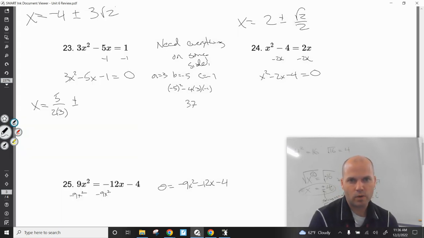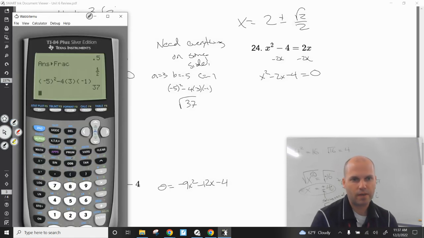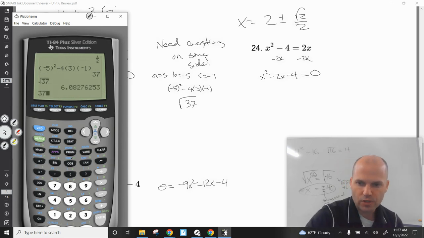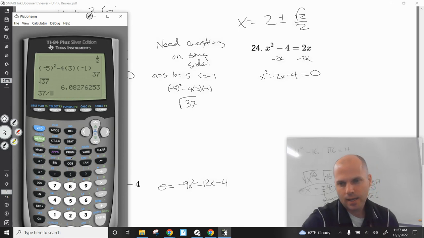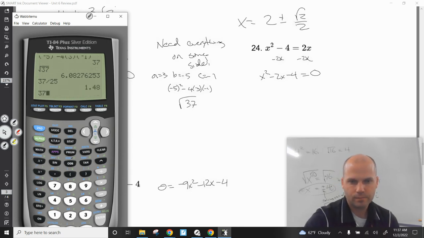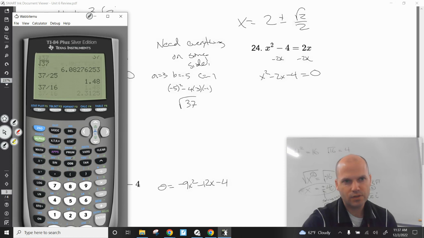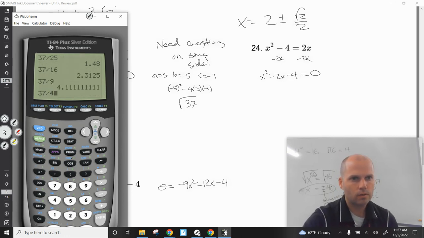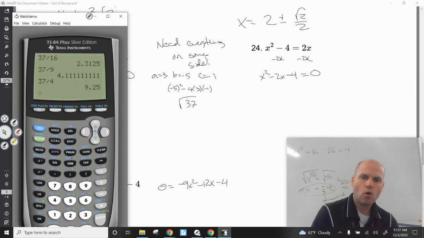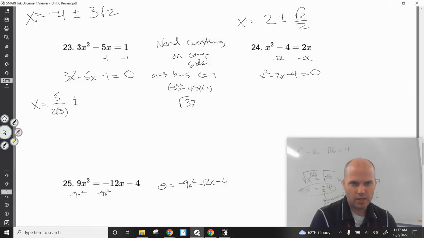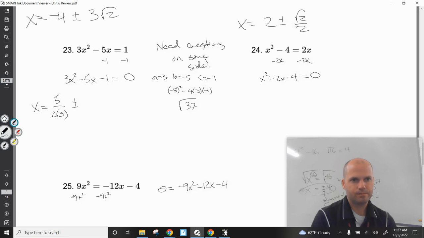But I'm taking the square root of 37. Can I take the square root of 37? No. Can the number 37 be divided by another perfect square, like 25, 16, 9, or 4? No. Root 37 is perfectly simplified.